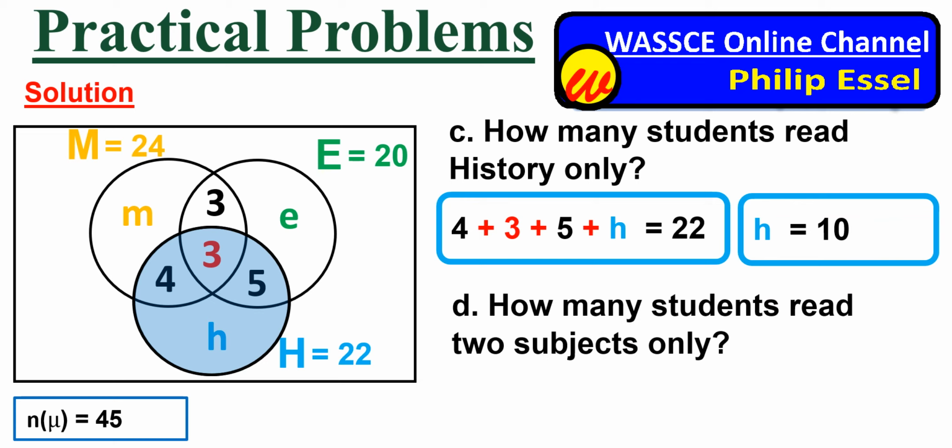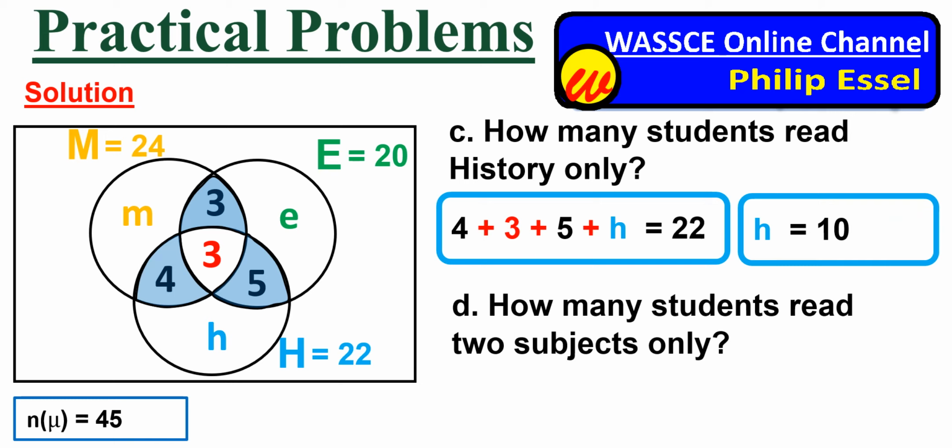Our next question. How many students read 2 subjects only? We would first identify the regions that represent 2 subjects only. So these are the regions that represent 2 subjects only.